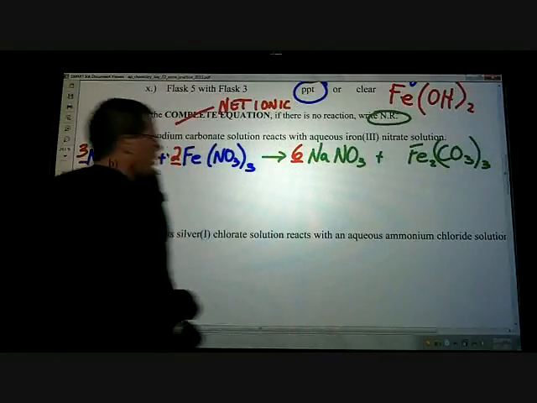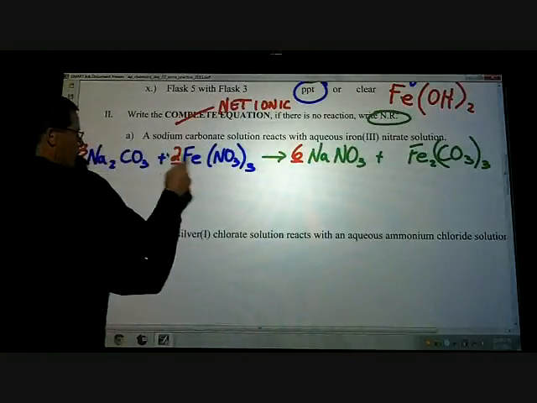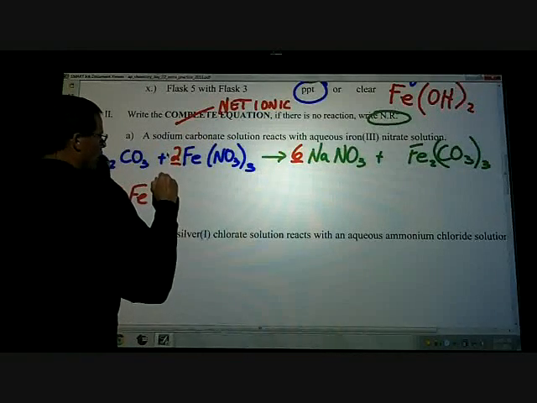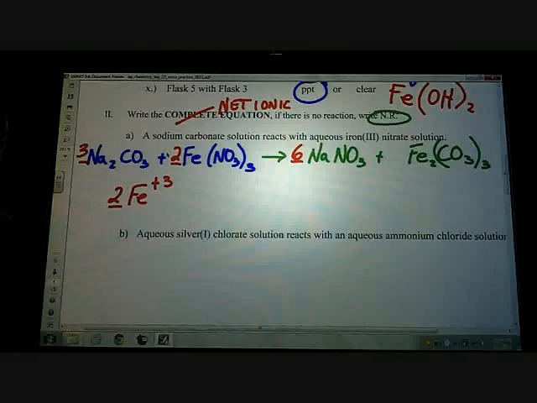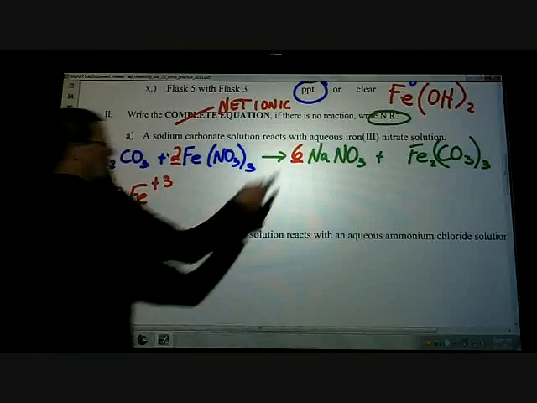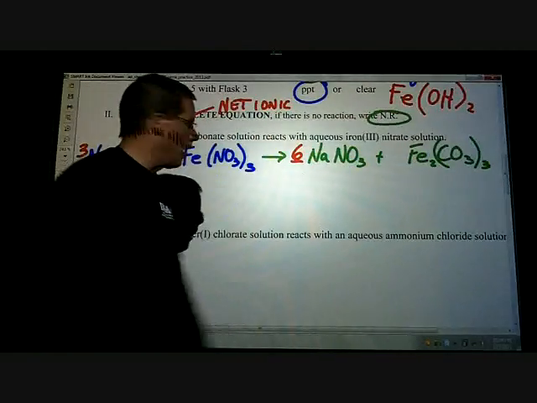So here's the net ionic equation for this reaction. We have 2 Fe with a +3 charge, and we show the charges in the ionic equation because that's what's happening. These are soluble, these are soluble, these are soluble, this forms a precipitate. It comes together and forms a solid.